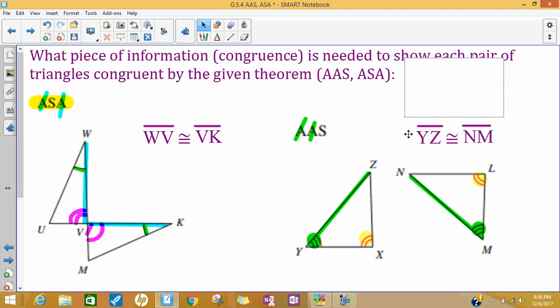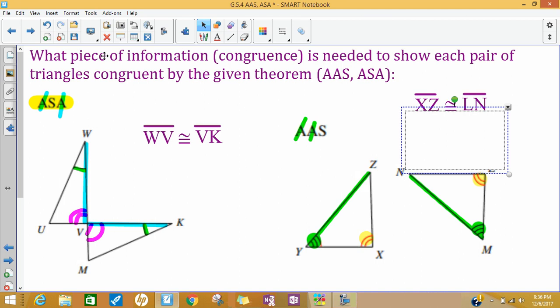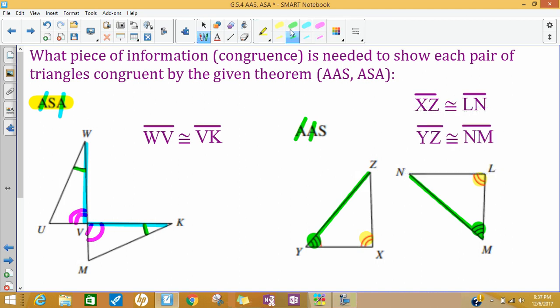Or a totally acceptable answer would be that XZ and LN are congruent. You just have to state one of these two pairs of sides. And notice I did not mention the included side, XY and LM, because we're looking at angle, angle, side, not angle, side, angle.